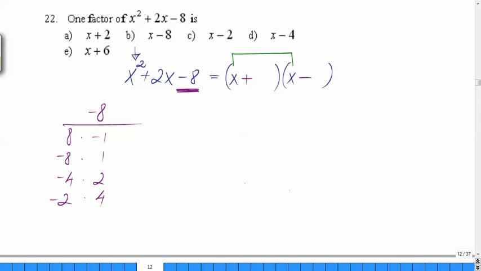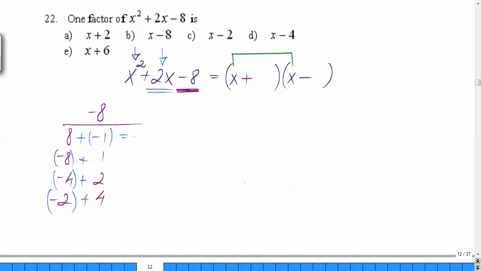Now, the next thing you have to check to find out which one will best fit is to find two of these factors that when you add them up, you will get the middle term, which is 2.